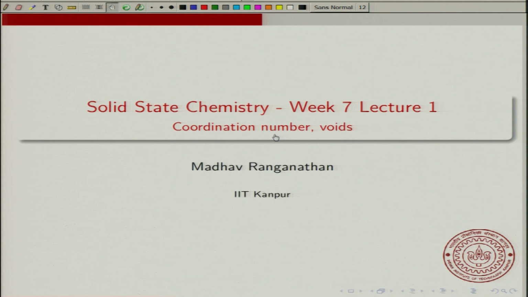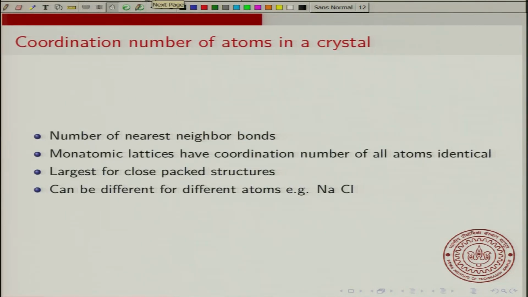Now, you are somewhat familiar with these terms like coordination number and voids. You might have seen them in your earlier discussion of solids. So, some of this will seem like a revision, but it is always good to think about these concepts again. So, let us ask, what is the coordination number? First we will talk about the coordination number of atoms in a crystal.